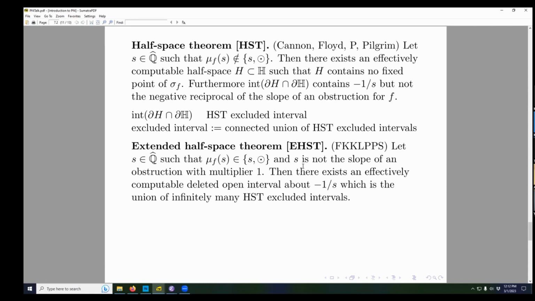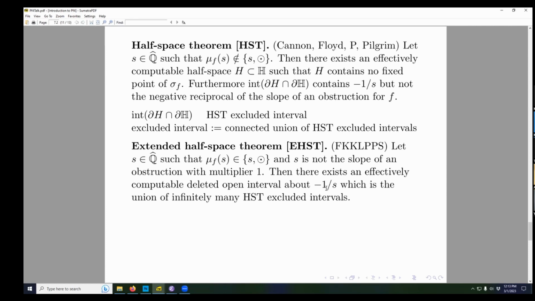Then there exists an effectively computable deleted open neighborhood about -1 over S, which is the union of infinitely many of our half-space theorem excluded intervals. So the extended half-space theorem does not actually produce any more intervals. It just gives us a way of taking infinitely many of those which we already have and getting an excluded interval.